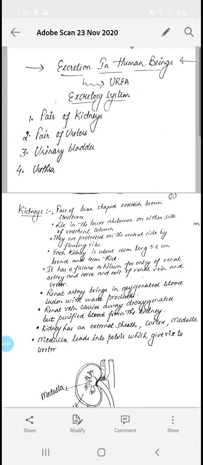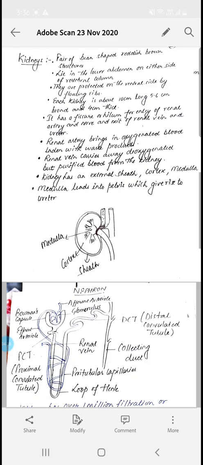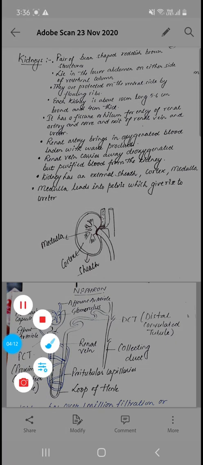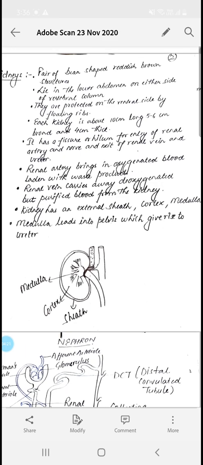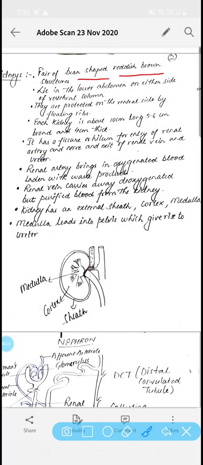So if we begin with the kidneys, they are the most important part of the excretory system in human beings. Okay, so kidneys are bean shaped reddish brown structures which lie in the lower abdominal part. Each kidney is present on either side of the vertebral column.